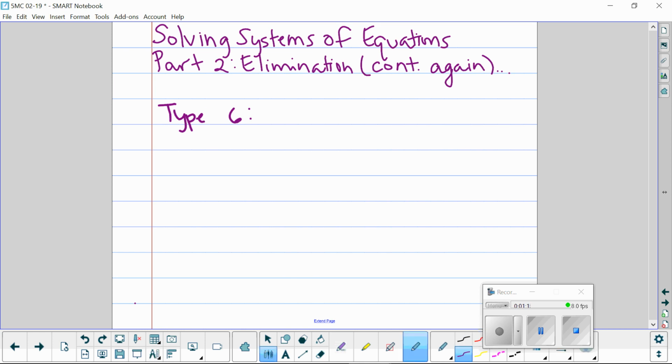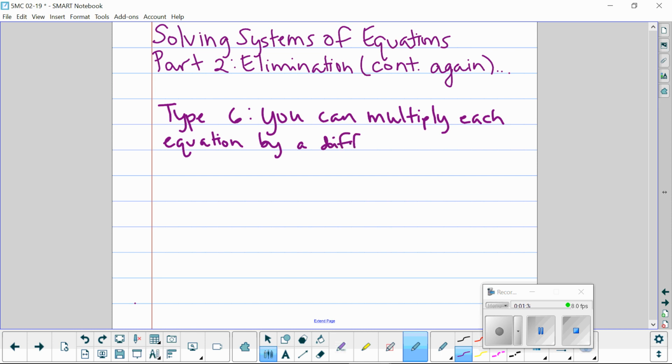A type 6 is you can multiply each equation by a different number to create a zero pair.